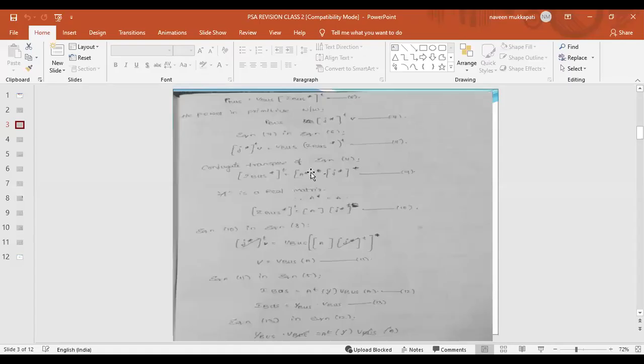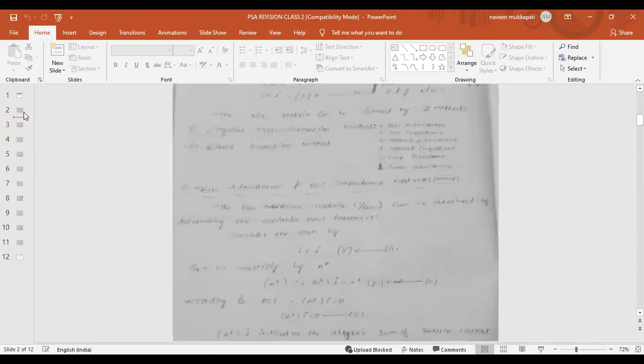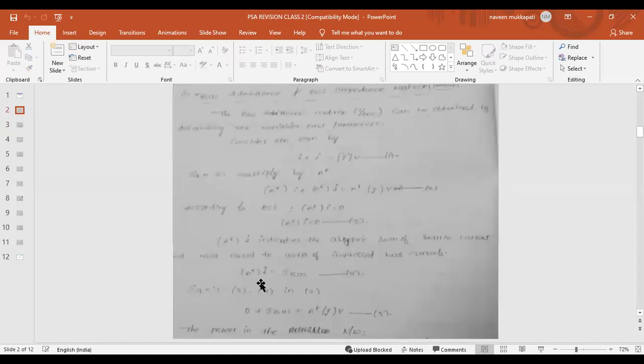A transposed J is equal to the I bus. This is equation number 4.